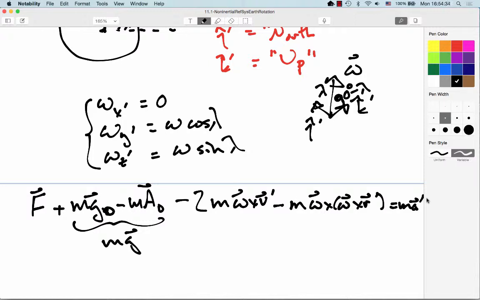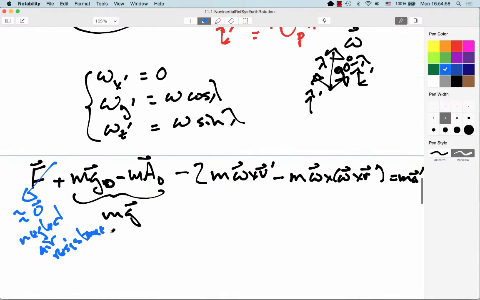Now, we're going to make this simpler, just so we can get something that's tractable. Let's, for now anyway, neglect air resistance. And we can kind of wish the centrifugal force term away as well.